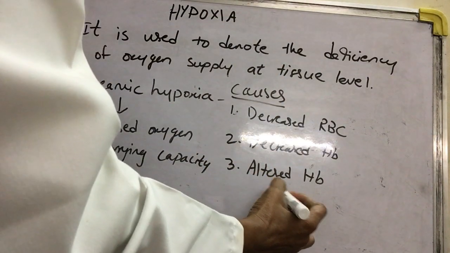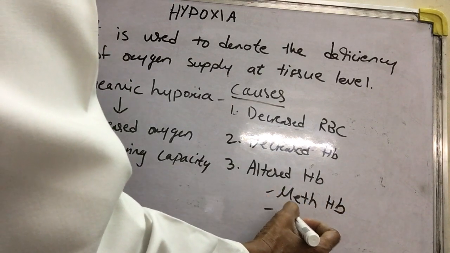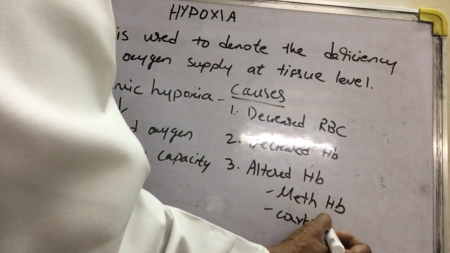And altered hemoglobin can be methemoglobin or carboxyhemoglobin.